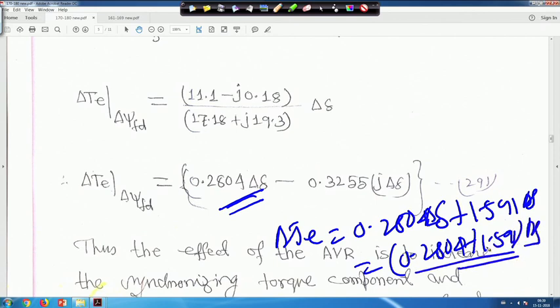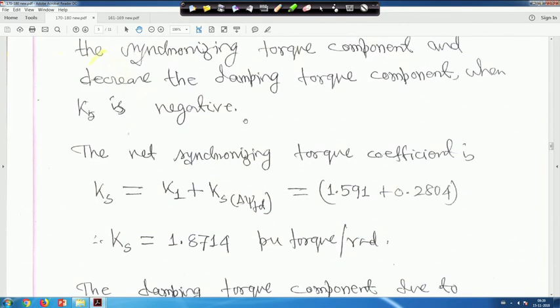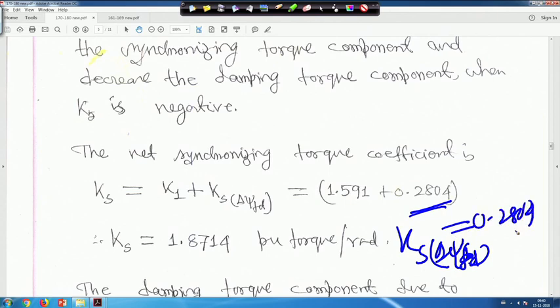If you add these, this is the effective synchronizing torque component, because this torque is in phase with delta delta. We write Ks delta psi FD, the synchronizing torque component due to delta psi FD, equal to 0.2804. The total comes to 1.871 per unit torque per radian, which is a dimensionless quantity, because per unit torque is dimensionless and radian is also dimensionless.